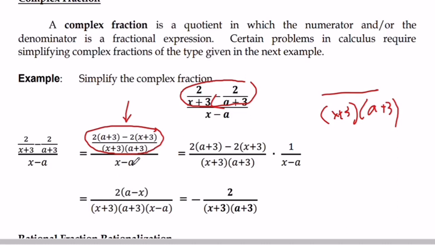Since this x minus a is also a fraction, x minus a divided by 1, to change the operation from division to multiplication we need to find its reciprocal.